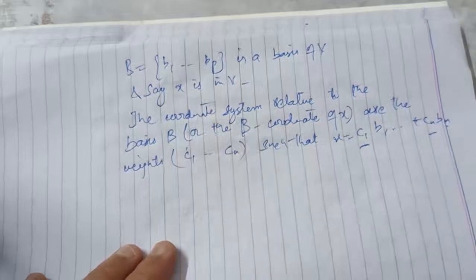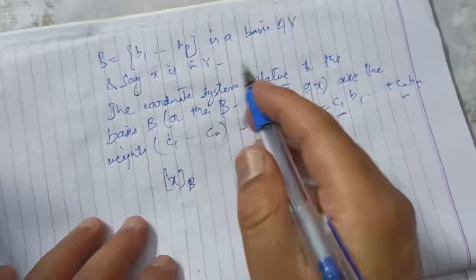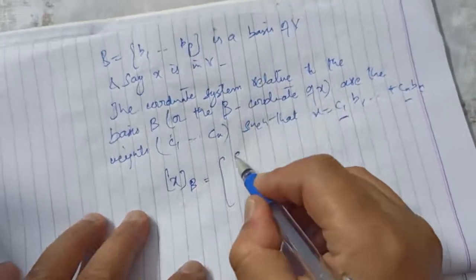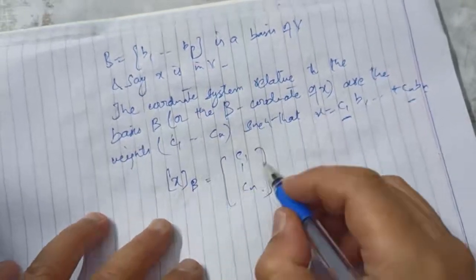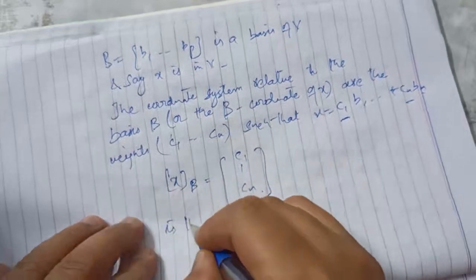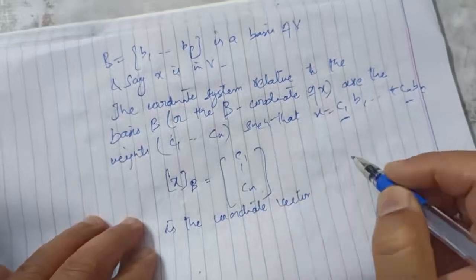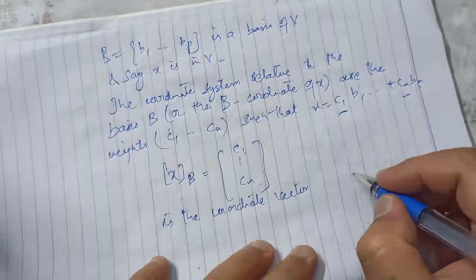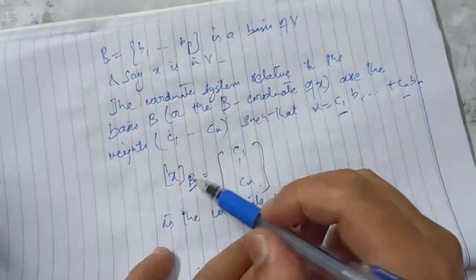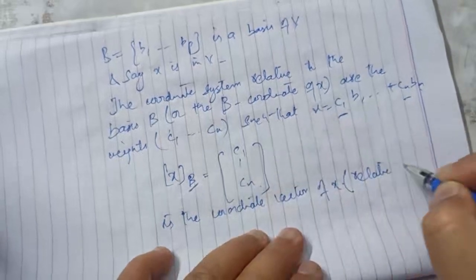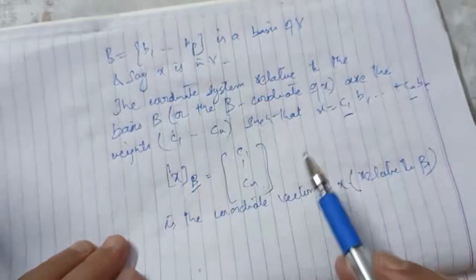In general, we can represent x in that basis as c1 up to cn, and it is the coordinate vector of x, and because it is for a specific set of vectors, it is relative to B. So for different sets of basis vectors, these might have different values.